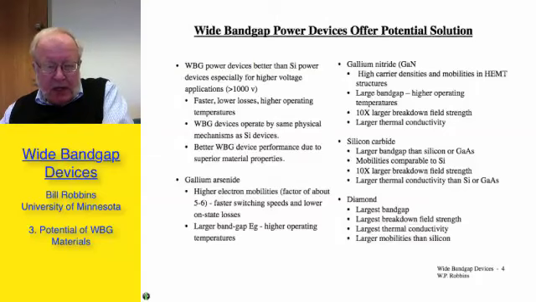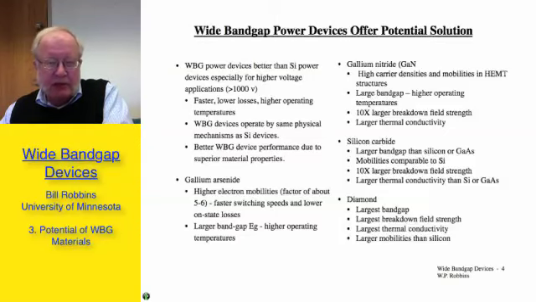First, these devices are much better than silicon for higher voltage applications. They are faster, they have lower losses, higher operating temperatures. These devices operate by the same physical principles as silicon devices, and their better performance is due to the superior material properties and not new or unique device geometries except in one or two cases.